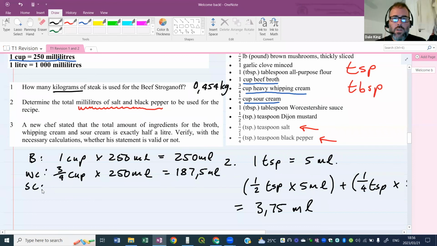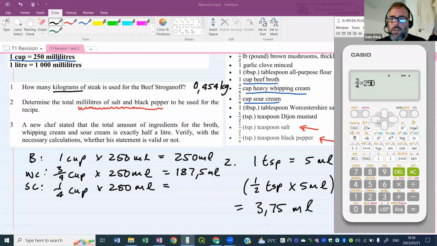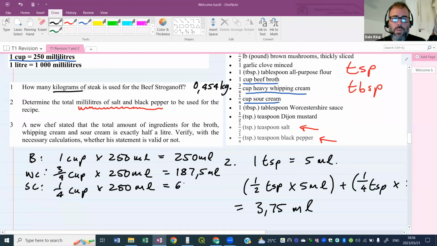And then I've got sour cream, which is 1/4. Multiply it out, 62.5. Okay, so you should be getting these 3 values for each of these ingredients.